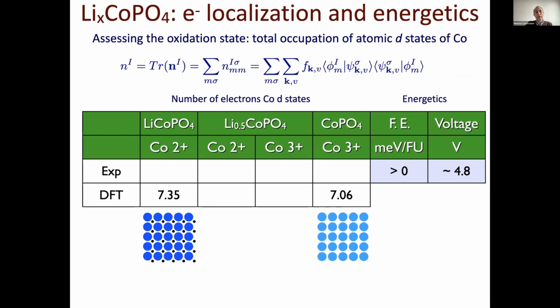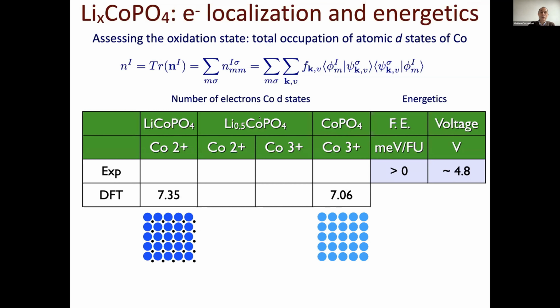So we want to compare what we have in terms of these numbers for the fully lithiated one, where cobalt is 2+, and the fully delithiated one, where cobalt is 3+, with anything that we have in between. So for us to obtain the correct energetics in between, we need to obtain that the electron sticks with the transition metal.